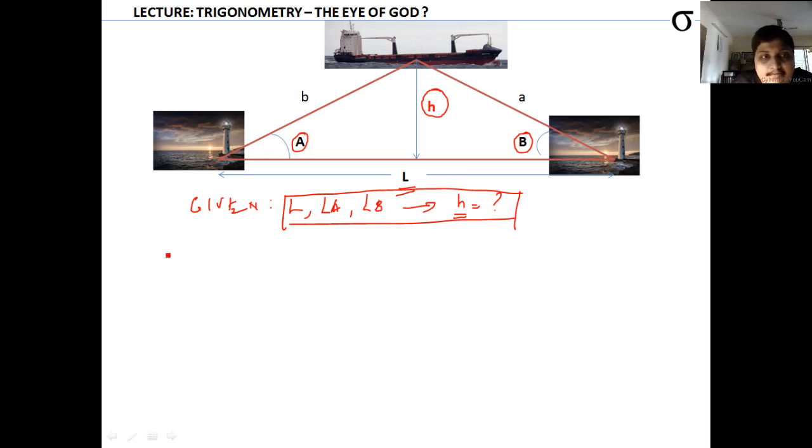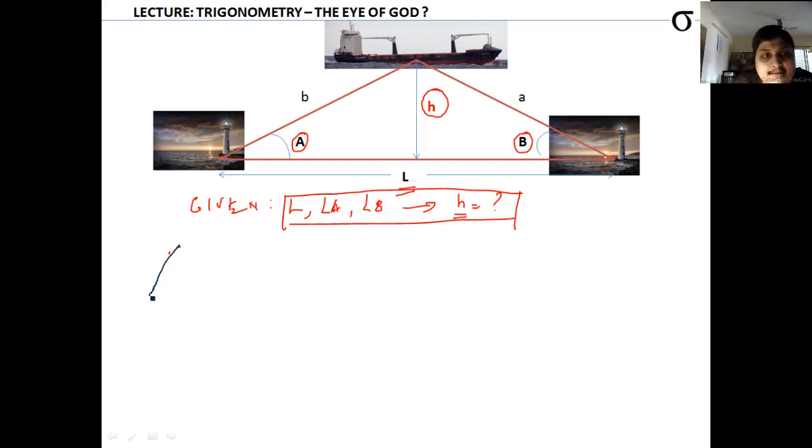So how do we do that? Before we proceed, I need to take you through a basic law that applies in trigonometry. So let's just change our pointer here. Okay.